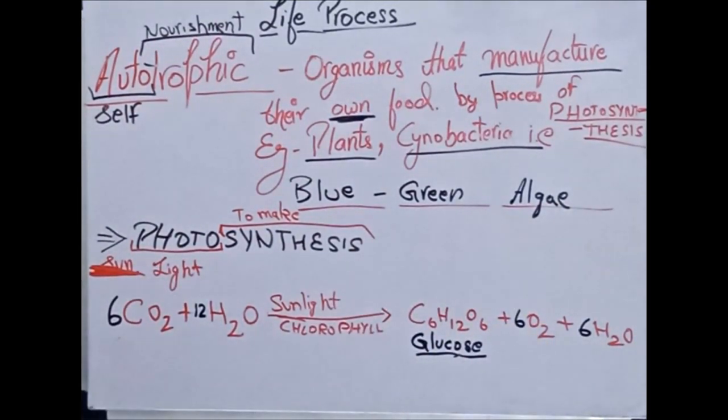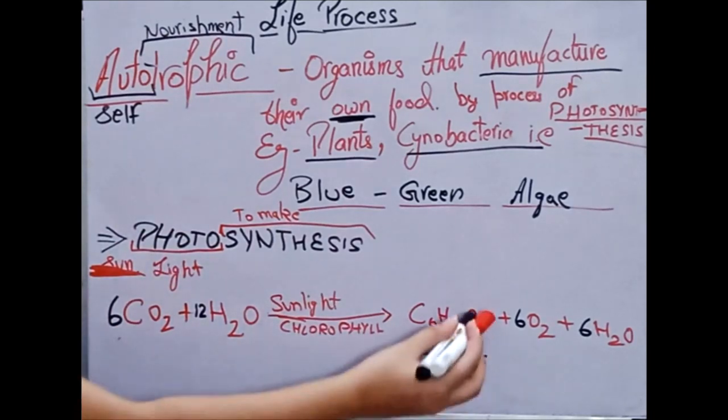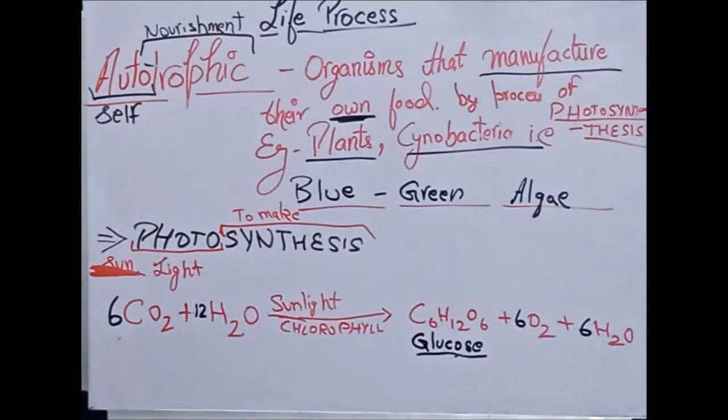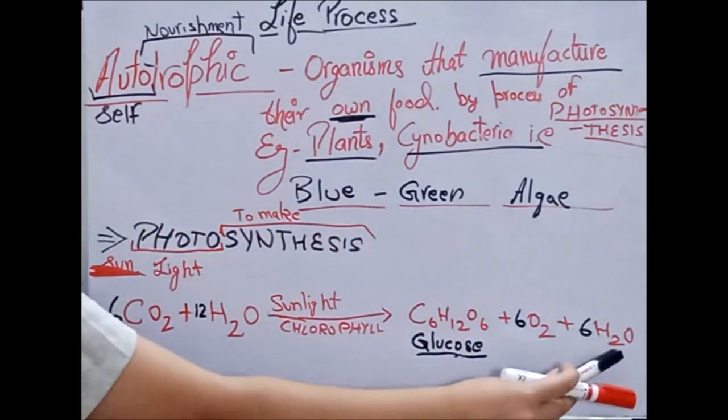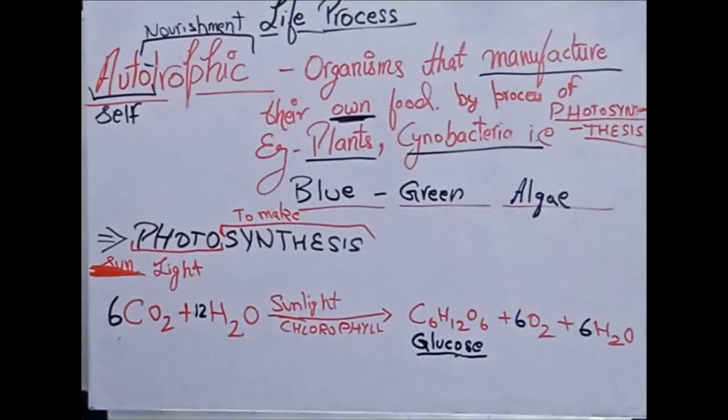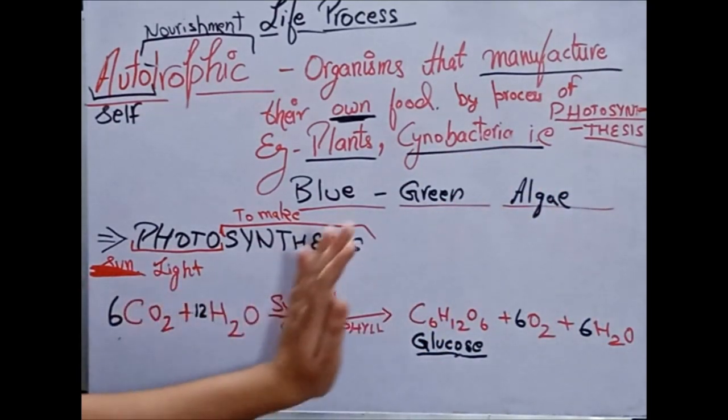Let's check. 12, 6 to 12, 24 oxygen, 6, 6 to 12, 6. Okay, so now it's balanced. Oxygen is balanced. Carbon, 6 carbon, 6 carbon, balanced. Hydrogen, 12 to 24, 12, 6 to 12, 24. Okay, so now our equation is balanced.